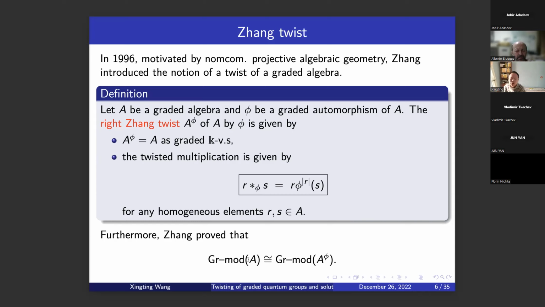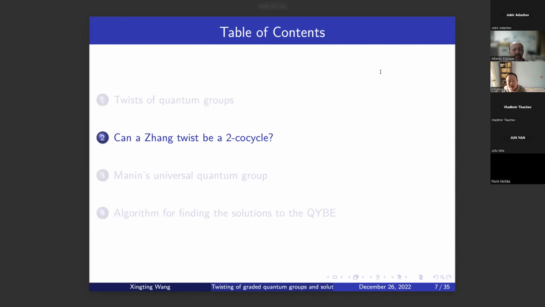And the graded modules in the connected commutative case can be considered to recover the quasi-coherent sheaves. So it has a motivation in projective algebraic geometry. Okay, now I have finished the main two characters of my talk, the two-cocycle and the Zhang twist. And in the next part of my talk, I'm going to try to link them together.